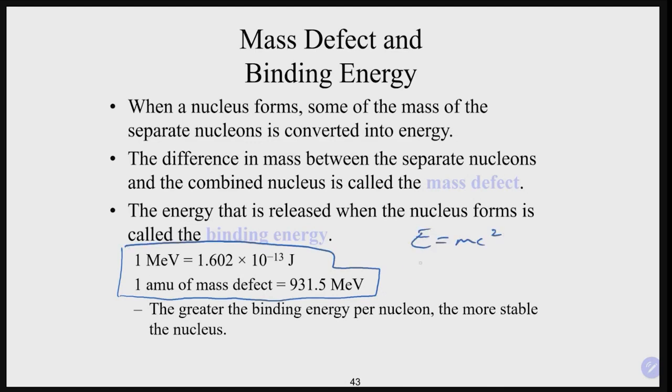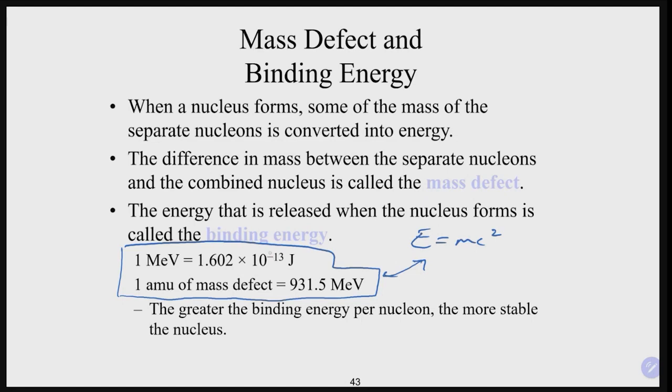You could use the conversions, or you could use the Einstein equation there. 1 mega electron volt is equal to 1.602 times 10 to the minus 13 joules, and that is your conversion between two very common units of binding energy. So binding energy a lot of times is given in mega electron volts or in joules, and those are two very common units that are used.